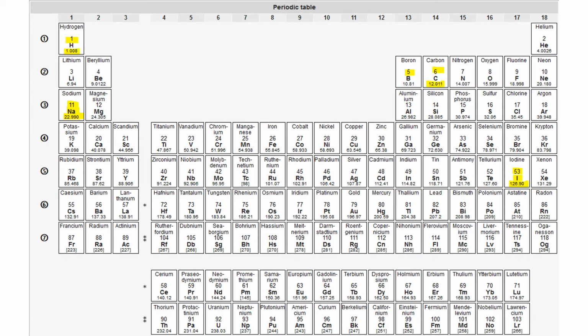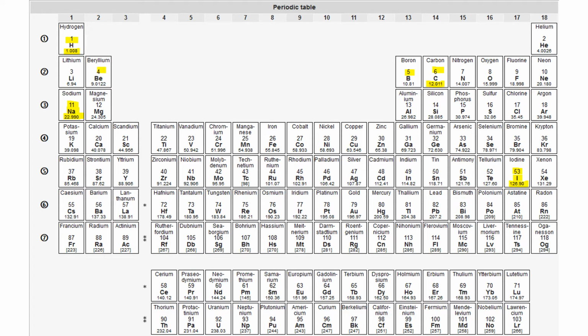If you notice, its atomic mass is also 1. So what does that mean? How many neutrons does hydrogen have? Hydrogen actually has 0 neutrons because 1 minus 1 is 0. So hydrogen only has 1 proton, 1 electron, and 0 neutrons.